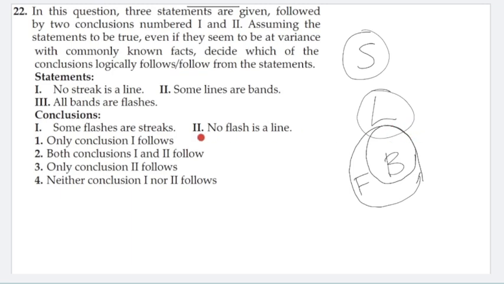We cannot say that because flashes have common lines. So it is also not a correct conclusion. So both the first and the second conclusions are not correct. So the fourth option, that is, neither conclusion 1 nor conclusion 2 follows. So the fourth one is the right answer.